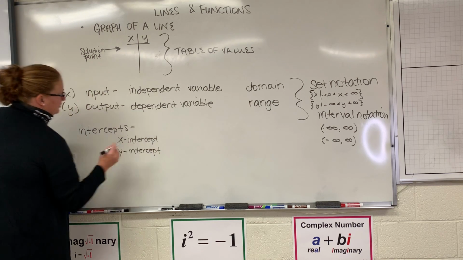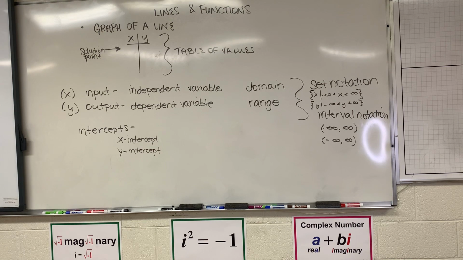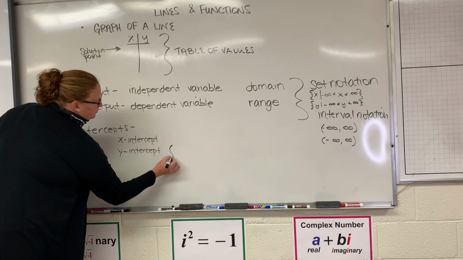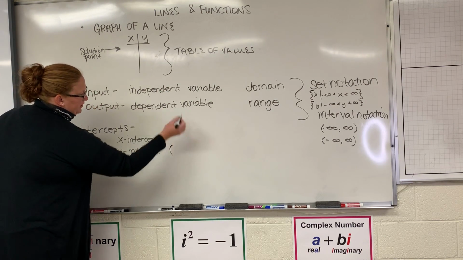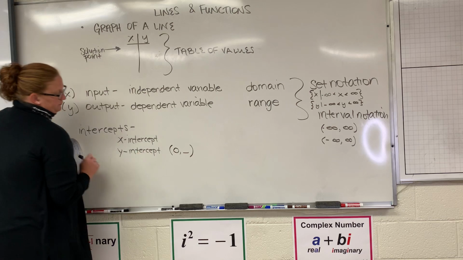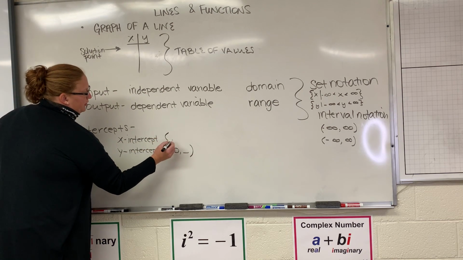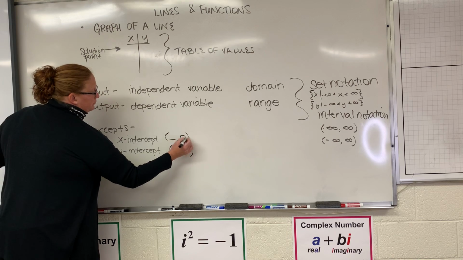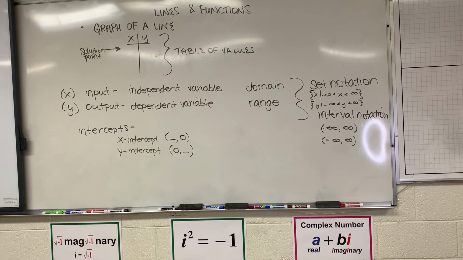The x would be where it's crossing the x-axis, y where it's crossing the y-axis, where it's touching it basically, right? So this one will be, because if it's touching my y, it would be at a 0 and then something. And then this one would be the other way as an ordered pair, something and then 0. Now, why do we use those in lines? Basically because it has 0, and doing stuff with 0 is easy, isn't it? Okay.